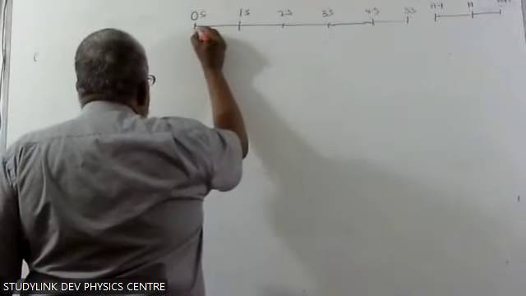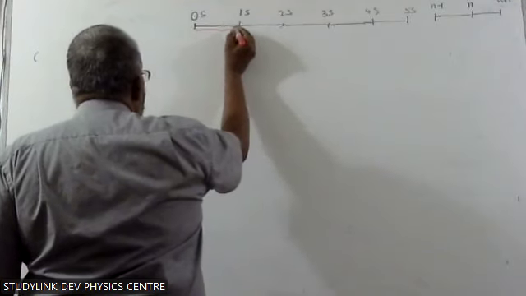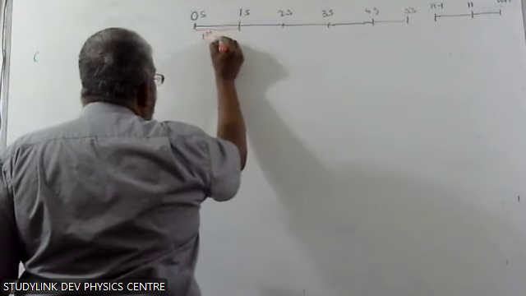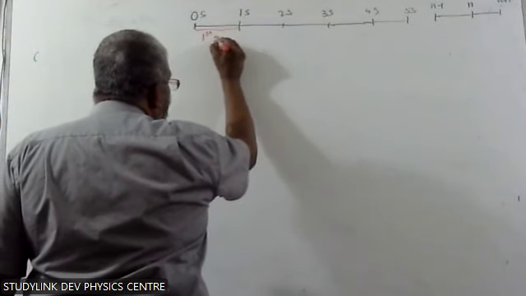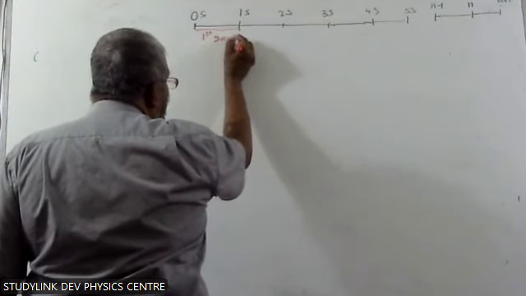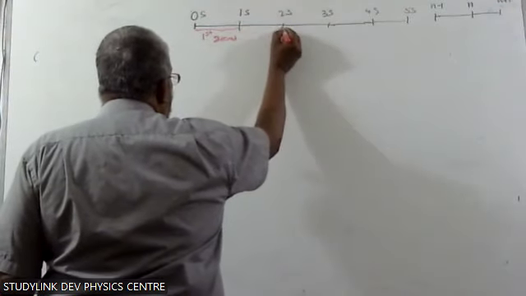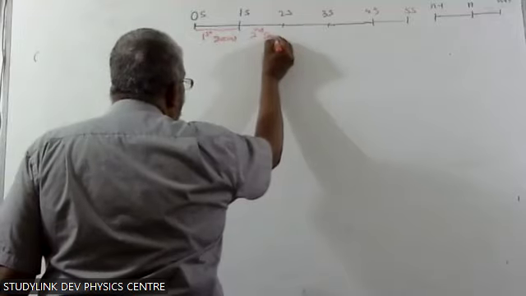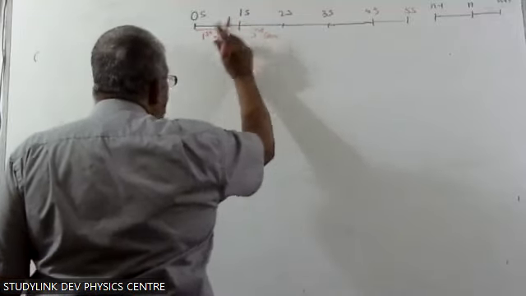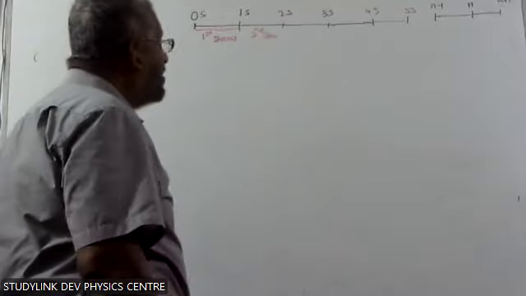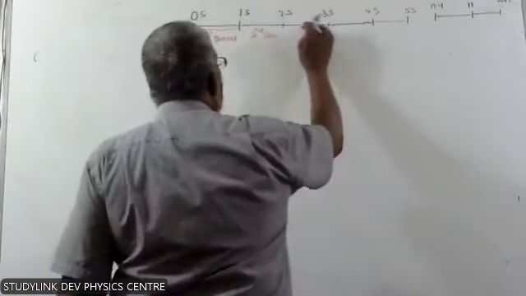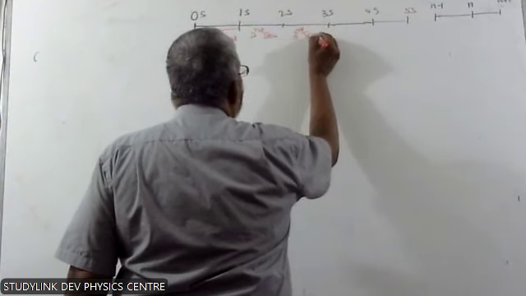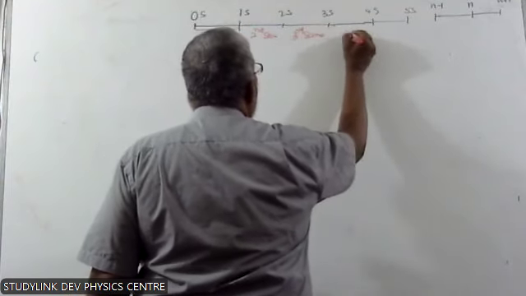the period from 0 to 1 is considered the first second. 1 to 2 is considered the second second. The second starts just after 1 and goes until 2. Then 2 to 3 should be called the third second. This is the fourth second.